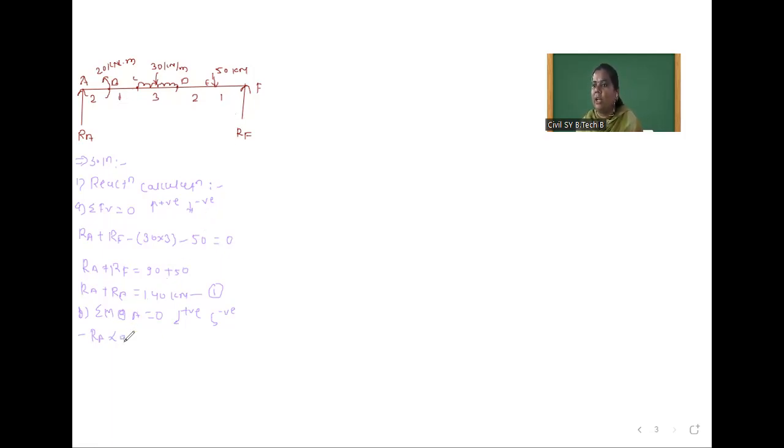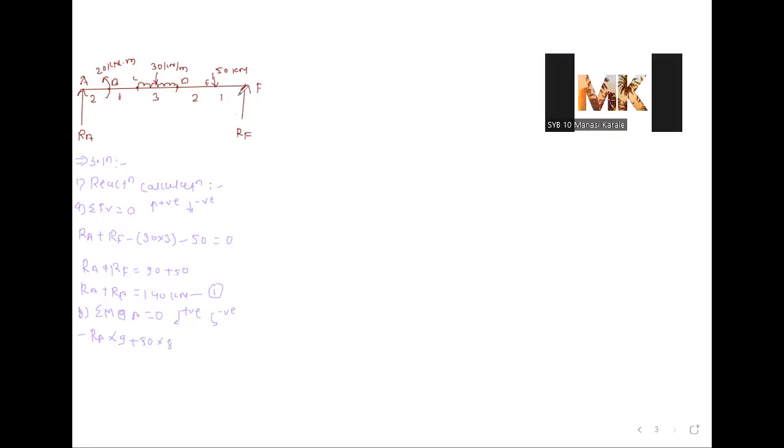RF into 9. After that, the 50 kilonewton force creates clockwise, so 50 into 8, since we are taking moment at A point.